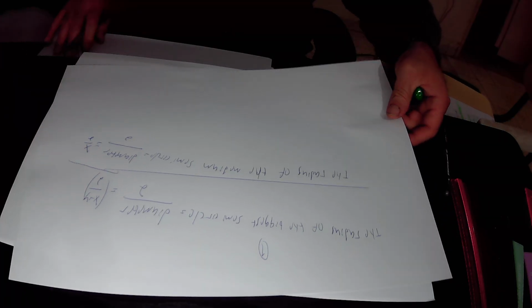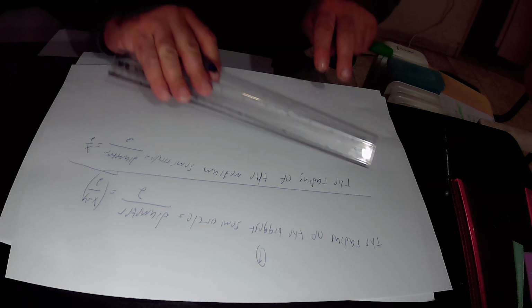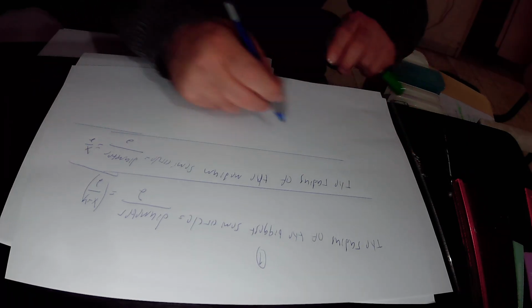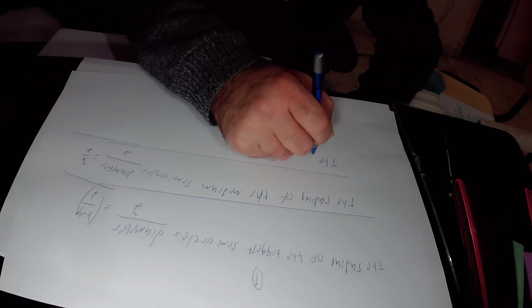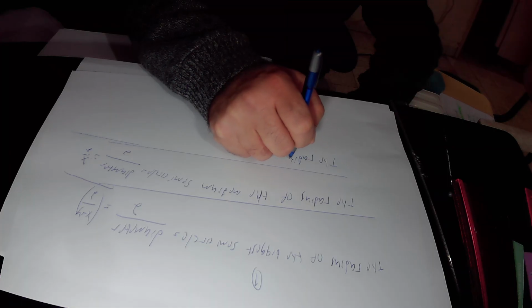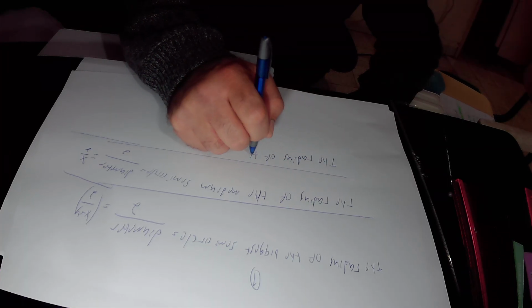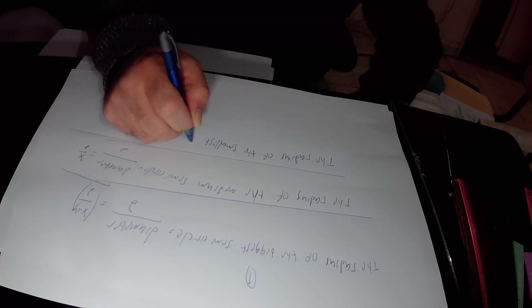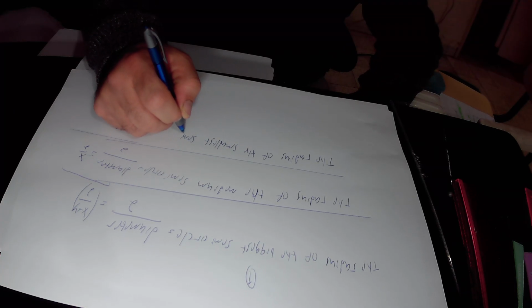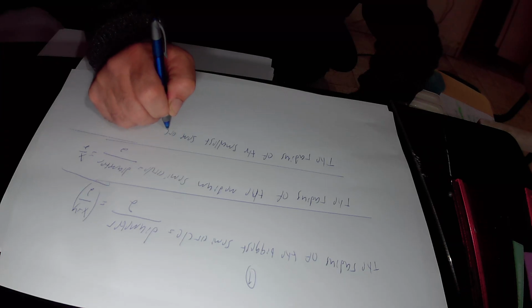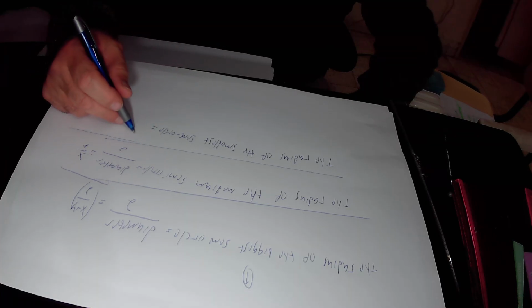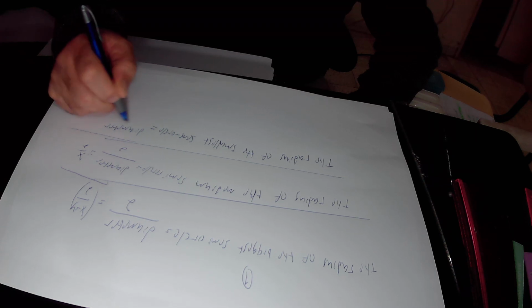And finally, what is the radius of the smallest semicircle? The radius of the smallest semicircle is equal to the diameter of the smallest semicircle over 2.